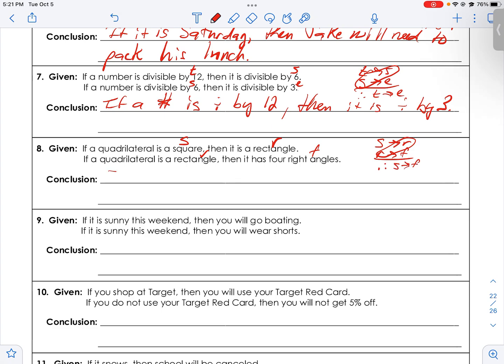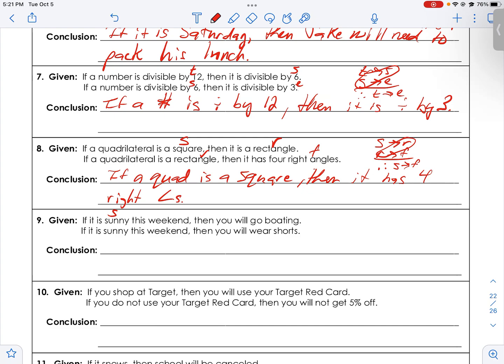Therefore, if S, then F. So if a quadrilateral is a square, then it has 4 right angles.